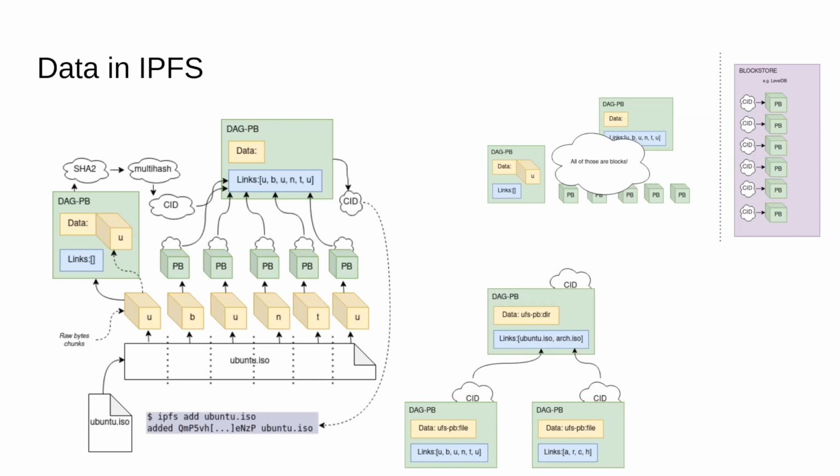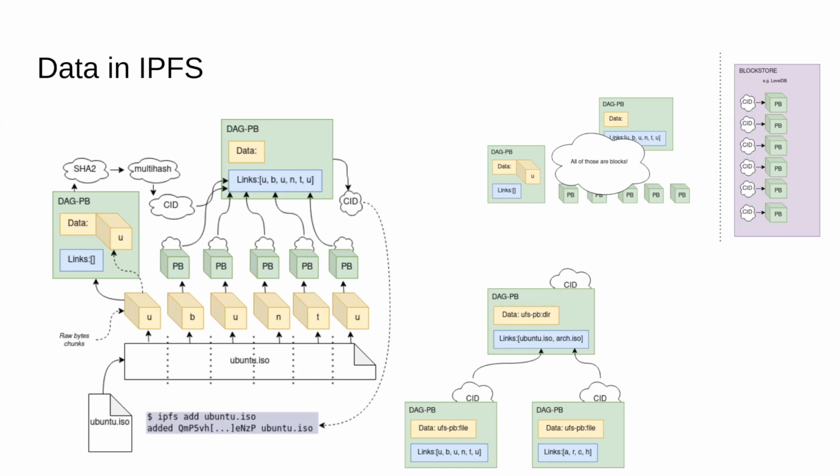And this makes it possible to know how to interpret that data to further traverse the DAG, or the directed acyclic graph. But by default, all the links are linking to DAG protobufs. And so for a file, it's by default a nice balanced tree of DAG protobufs.